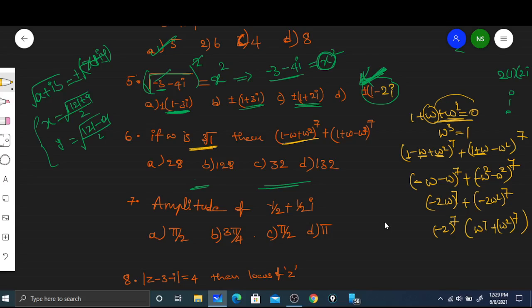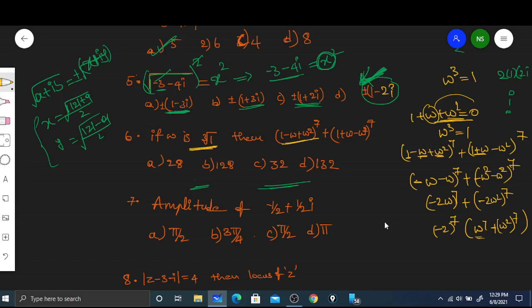This we need to simplify now. We know omega cube is equal to 1. So omega power 7 is omega power 6 into omega, and omega power 6 is 1.